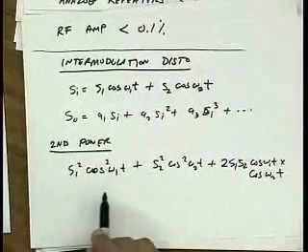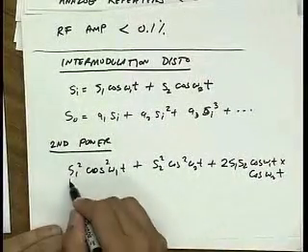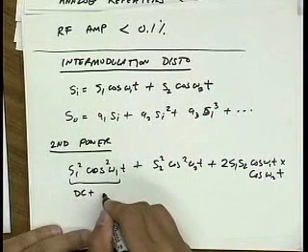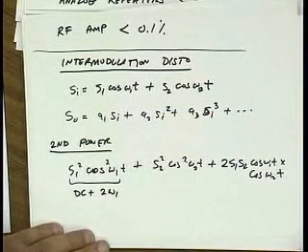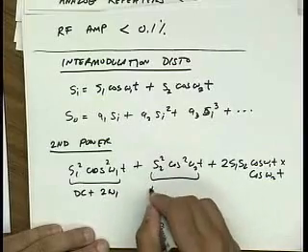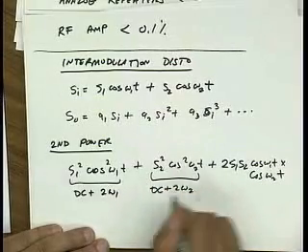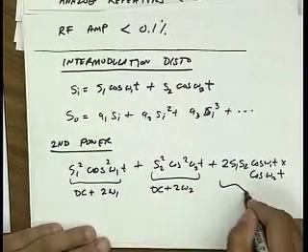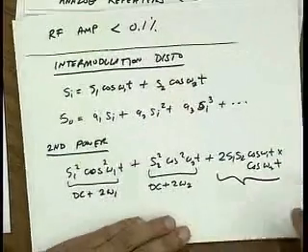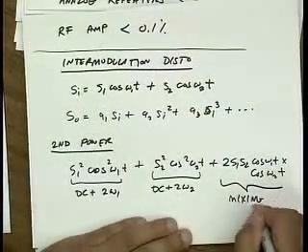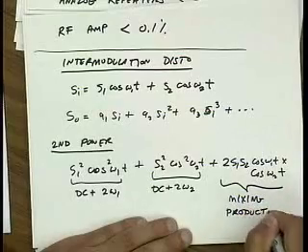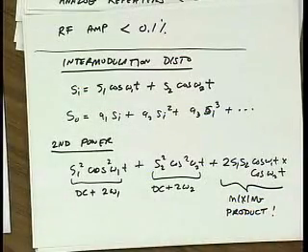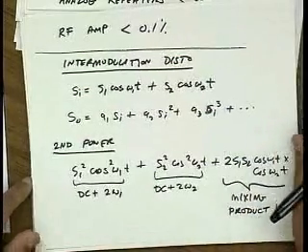Now these first 2 terms we've already seen. This will generate DC plus 2 omega 1, that's the second harmonic. This will also generate DC plus 2 omega 2. The interesting term here is this term. This is a mixing product. And this is something new that we didn't see before when we just put in one tone.